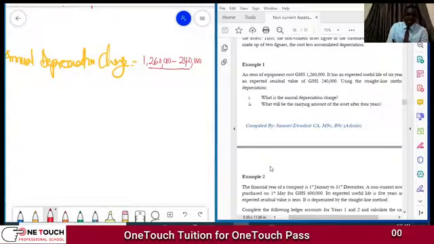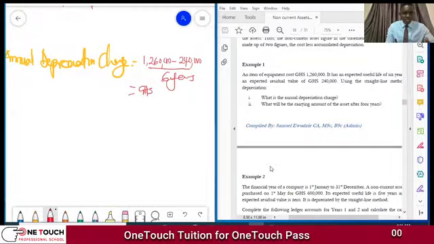So we divide this by 6 years. So this equals 1,260,000 minus 240,000 divided by 6. That is 170,000. Then we do this every year.